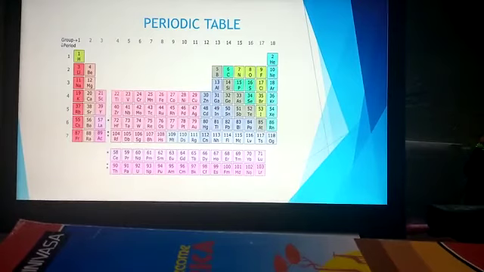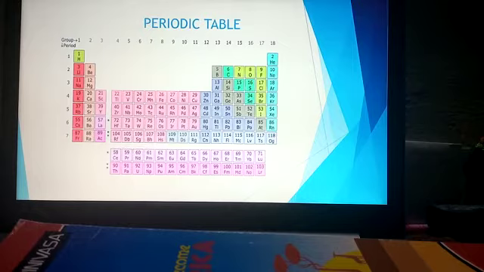So this is the periodic table, children, where you have all the 118 elements, and among these 118 elements there are 6 inert gas elements. First, let us just read the first 20 elements in the periodic table.